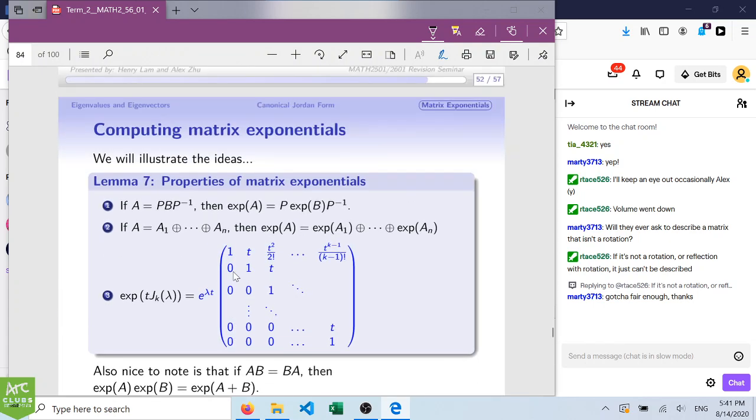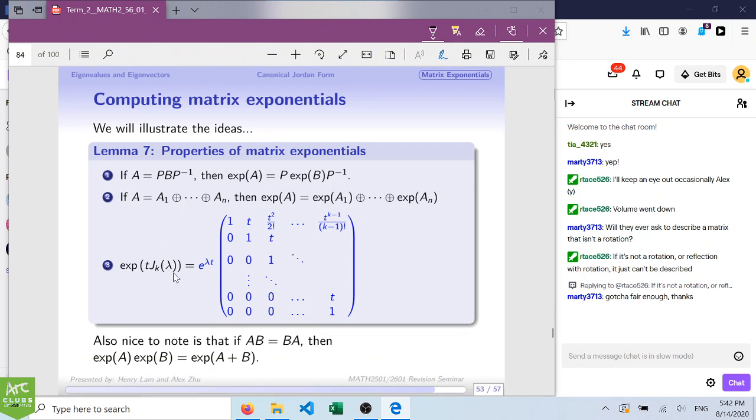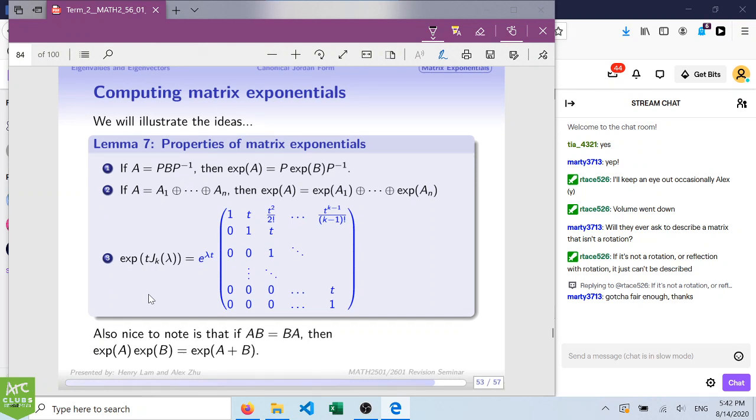So exponentiation of a matrix is conveniently, if a matrix A equals PBP inverse, then the exponentiation of that matrix is going to be P times the exponentiation of B times P inverse. And then the direct sum property also holds. And we have this final property, which is the equivalent of exponentiating a Jordan block.